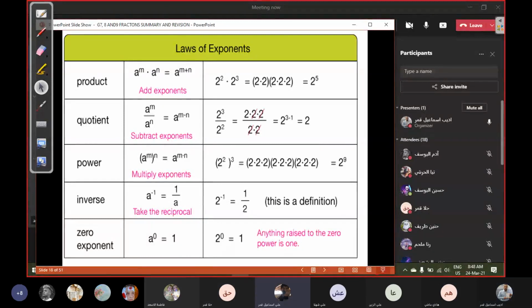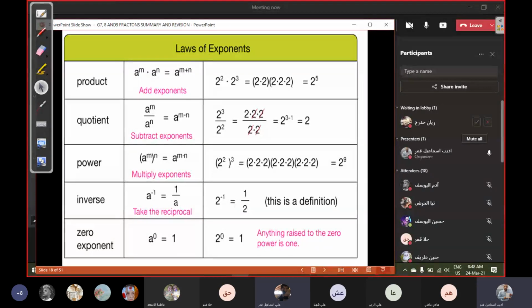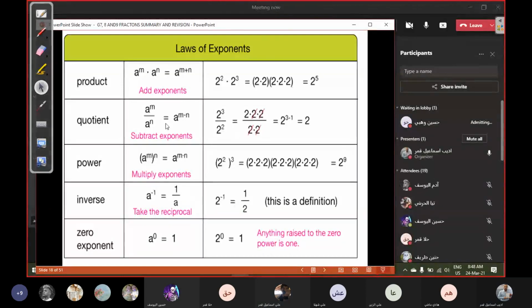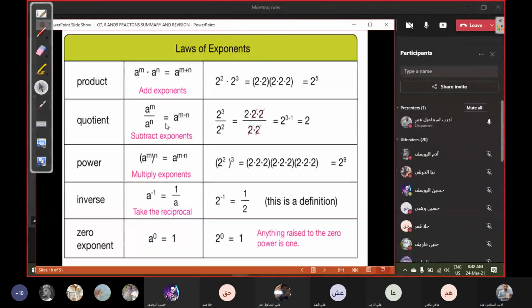Quotient. Okay, Ali Qamar. a^m over a^n equals a to the power m, n. Pay attention. Quotient: a^m over a^n equals a to the power m over a to the power n.